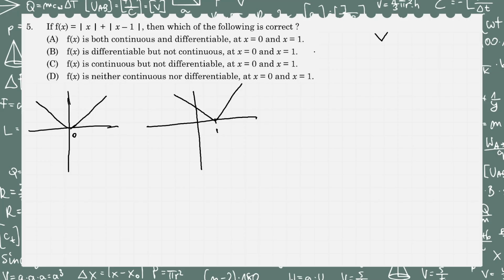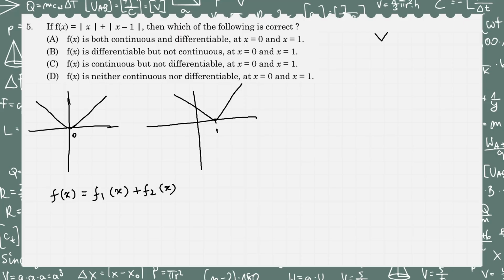So where the turn is happening at 0 and 1, both the curves are not differentiable at those particular points. Correct? So we already know one more thing. Whenever we have f of x equal to f1 of x plus f2 of x, if f1 of x is continuous and f2 of x is continuous, then their sum is also continuous.